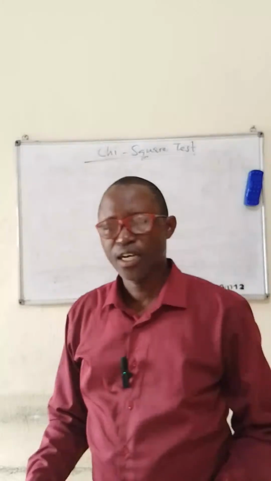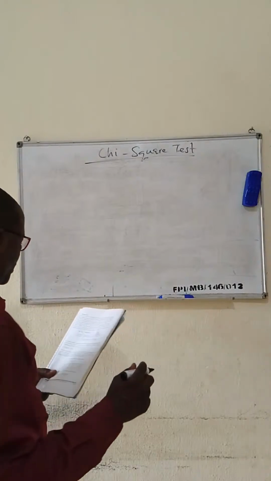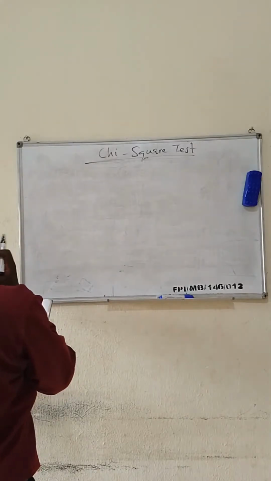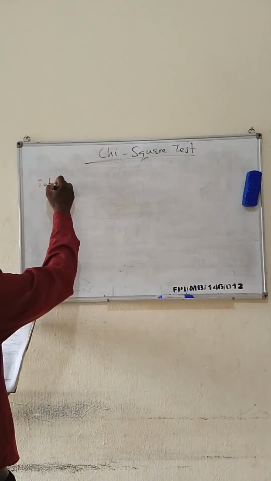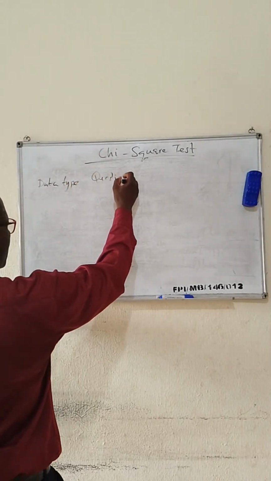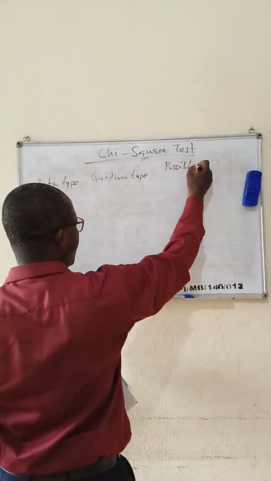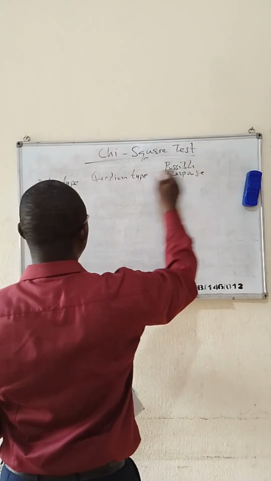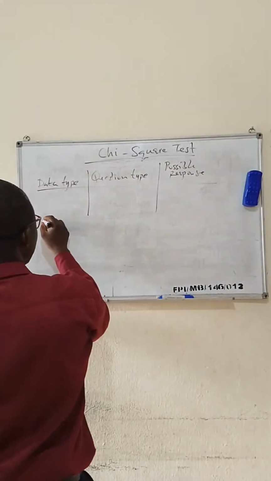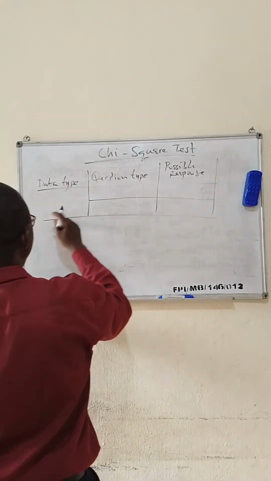So for the chi-square test, the 2 by 2 is the one we are going to deal with first. The 2 by 2 has a 2 by 2 table. We have a data type, we have a question type, and we have possible responses. This gives us sets of values like this, four of them.